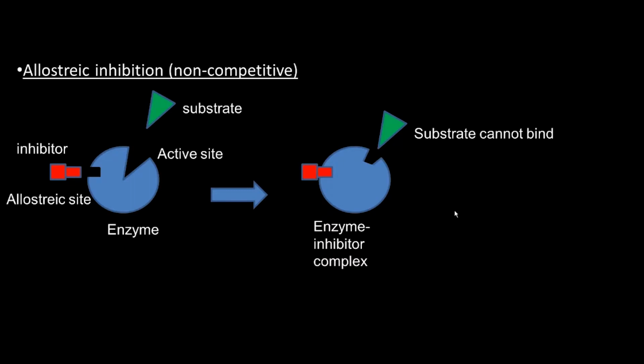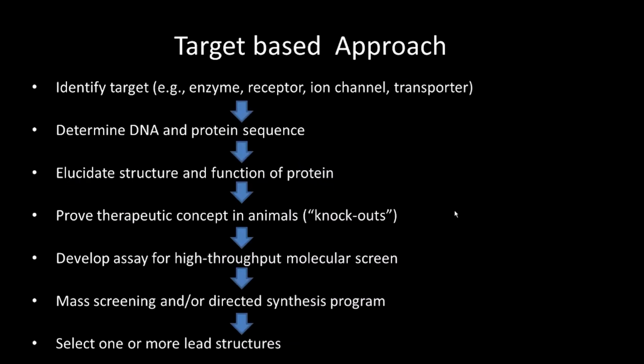Okay, so in our target based approach, what do we do? We identify the target. That means we know the disease mechanism, we know which enzyme or receptor or ion channel I want to target. Then we determine the DNA and protein sequence, the two-dimensional sequence like we looked at.